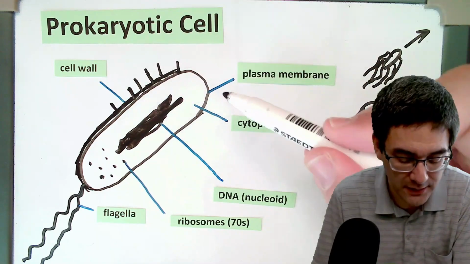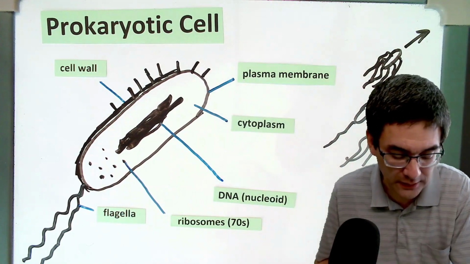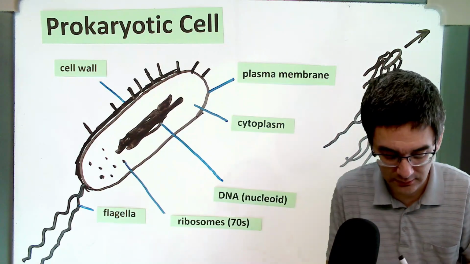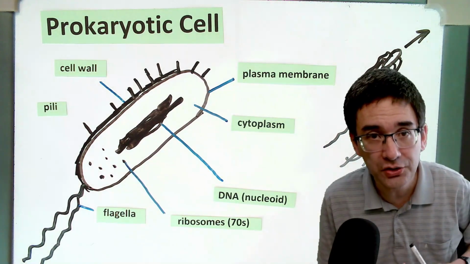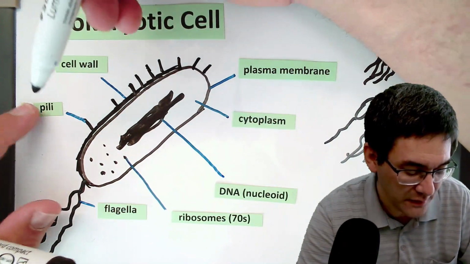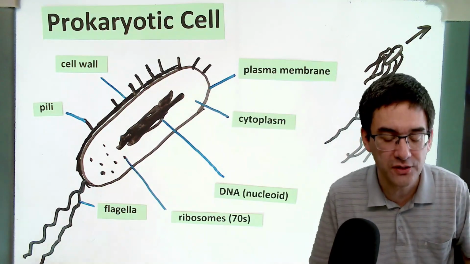We don't call them spikes. We call them pili. So I'm going to label that, I'm going to make one over here, and I'm going to put these are pili, and those pili are also protein structures, and they are responsible for adhering the cell to a surface, for sticking a cell to a surface. So it goes all around it.